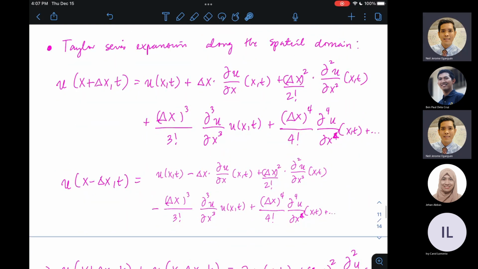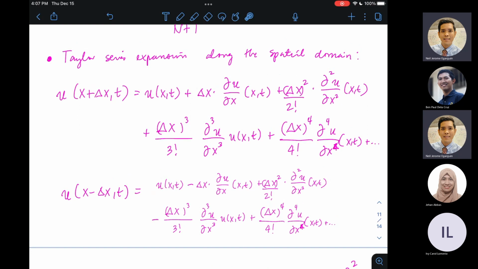And then the technique is very similar to what we did in Euler's method. We just take the Taylor series expansion, but meron lang siyang added step kasi meron tayong second derivative in the time variable. And the nice thing about this is walang mixed derivatives. So lahat ng partials ay either partial lamang with respect to time or partial lamang with respect to x.